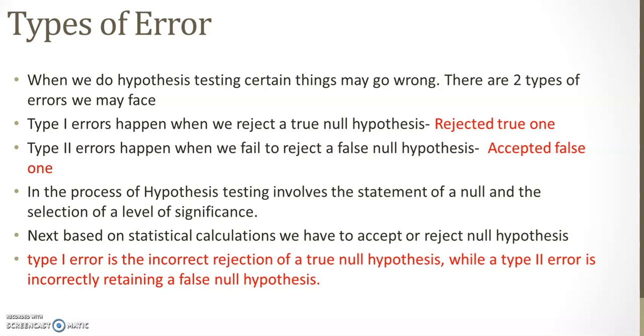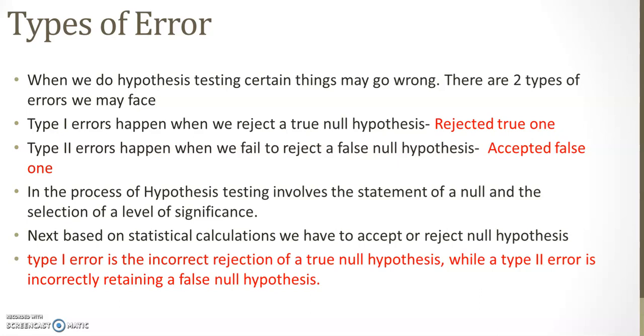The process of hypothesis testing involves the statement of null and alternative hypotheses as well as selection of the level of significance. Researchers mostly follow a 95% or 99% level, otherwise called the confidence level. Confidence level is 95%, 98% or 99%.